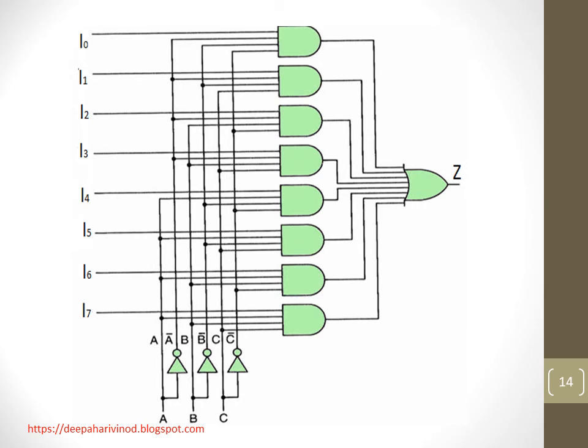So anyway, we have written the equation for the output Z. In that we have seen that for the first condition, I0, that is A bar dot B bar dot C bar into I0 was the equation for the first term in the output, isn't it?